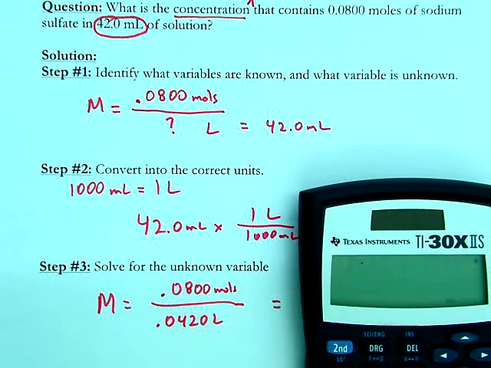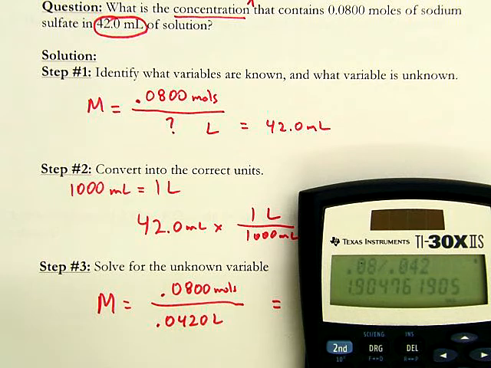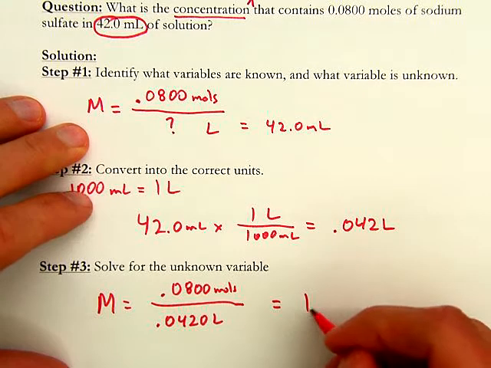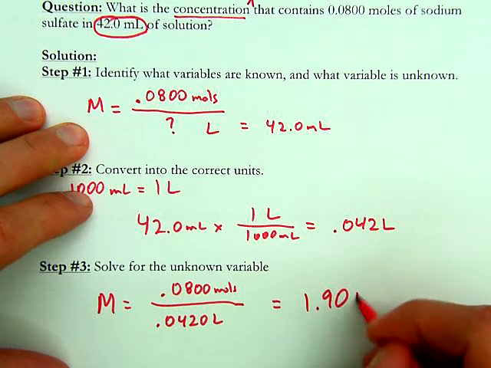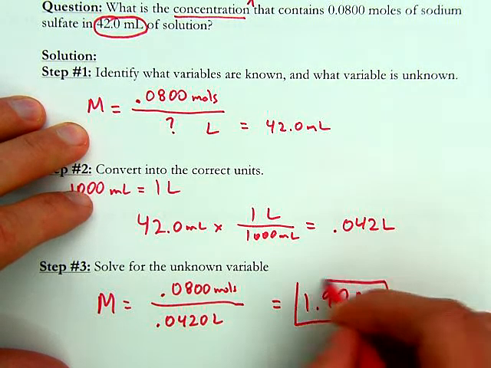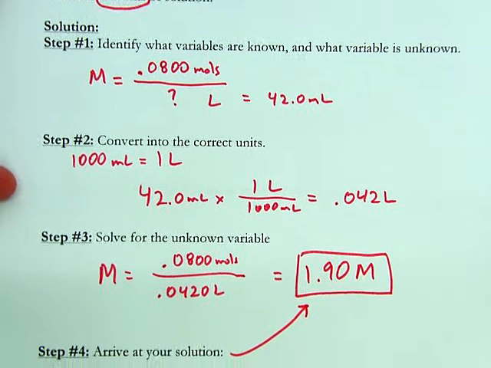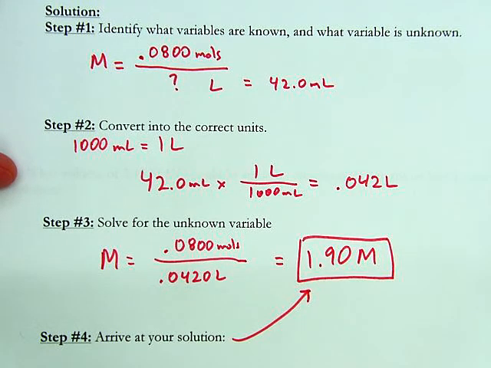So 0.08 divided by 0.042, and we're going to go to 3 significant figures on that, so that's 1.90 molarity, which is our answer. That means that 1.9 moles are dissolved per liter of solution.